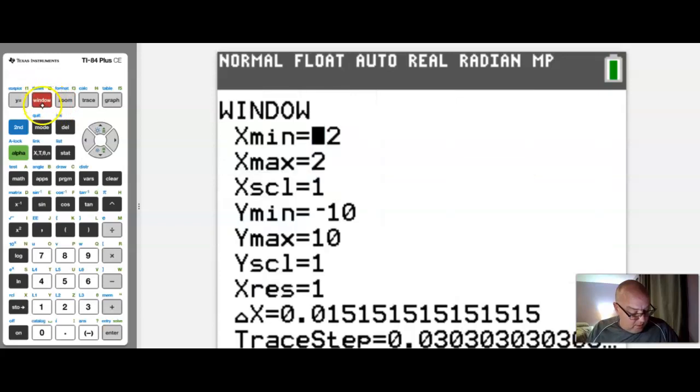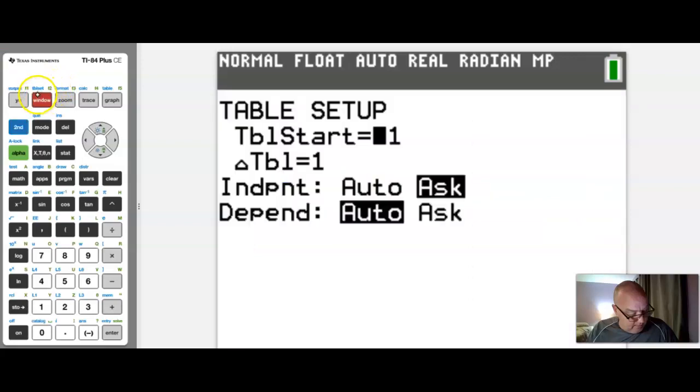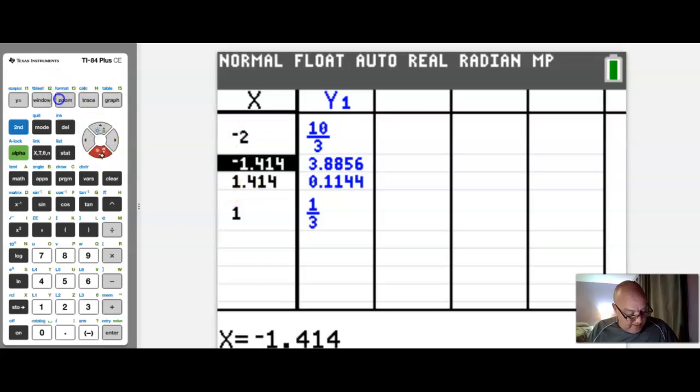We can go to the window, change this to a 1, graph it. Now we're going -2 to 1, so we can see that there is a minimum. Oh, you know what? I screwed that up. Let's go back to my table for a second. Because 1.414 is actually greater than 1. So I need to get rid of that now.